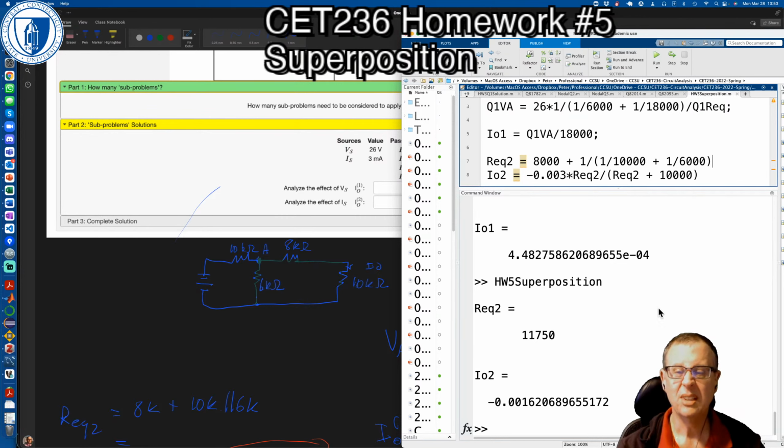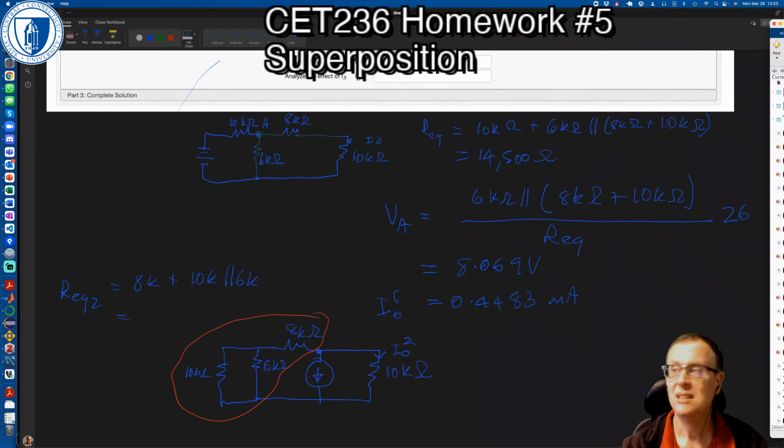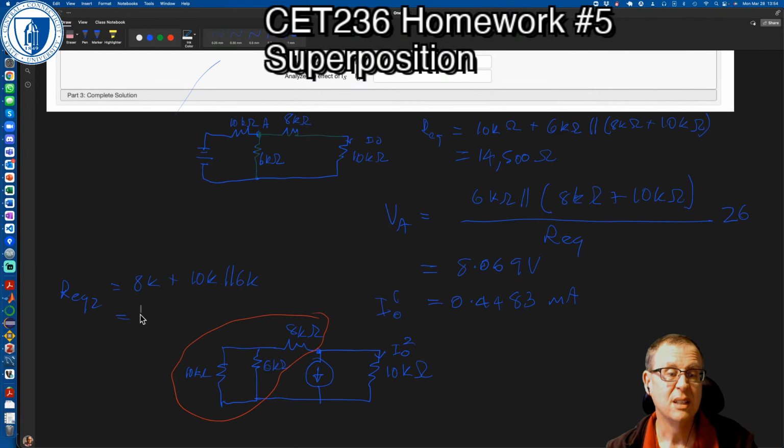Right, so 11,750 and minus 1.62 ohms. So let's grab that.